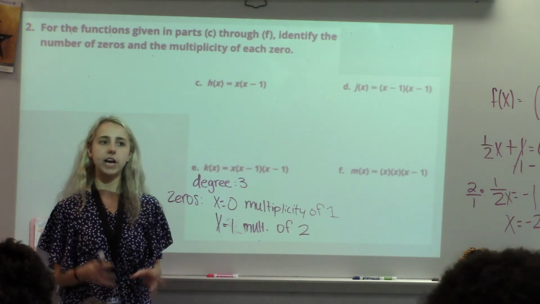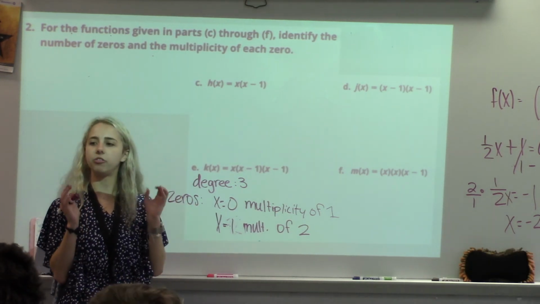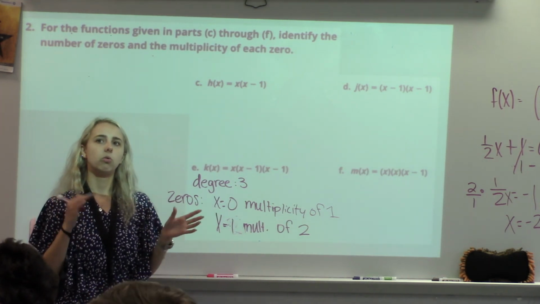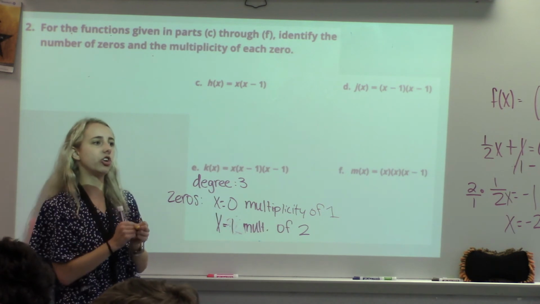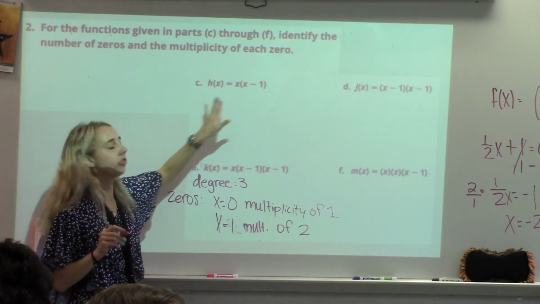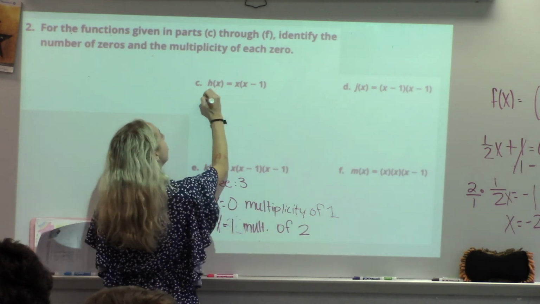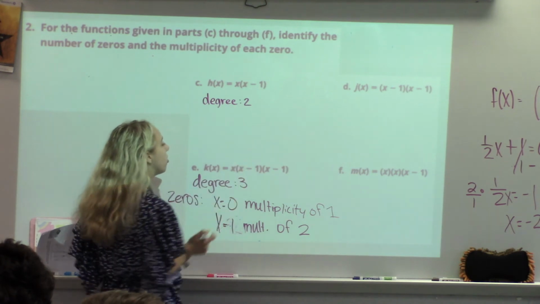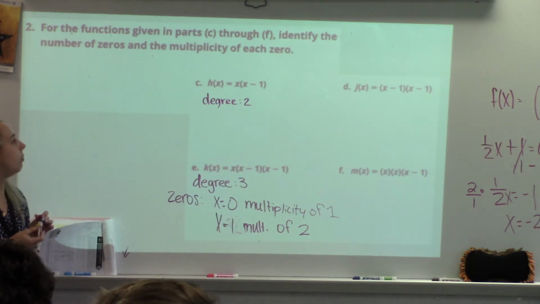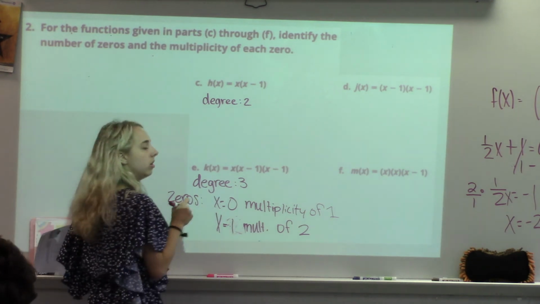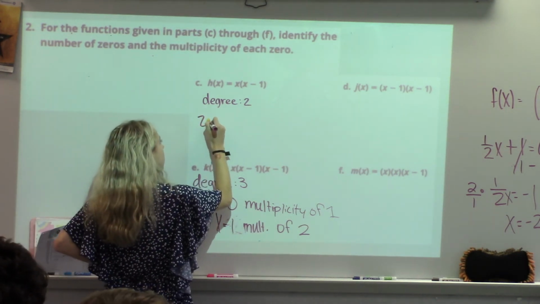From there we can analyze the zeros within the degree, but the type of function, the shape, is still not changing. So this is going to be degree 2, meaning that it would look like what on the graph? A parabola. And then, Jaquan, what's one of my zeros in C?